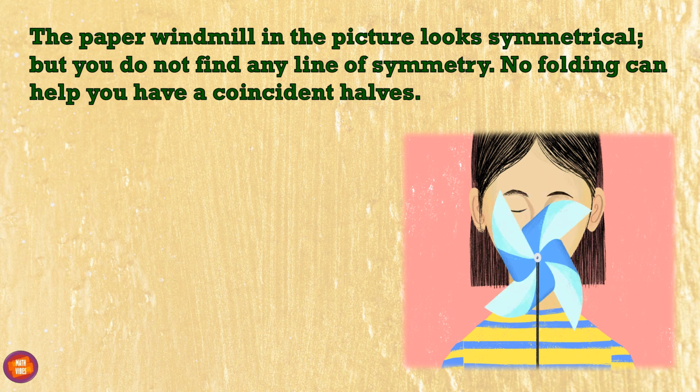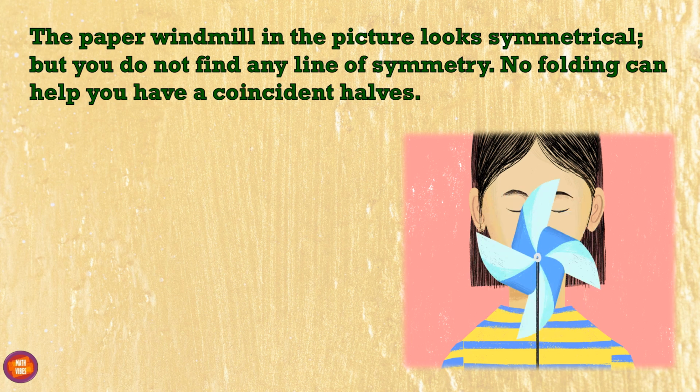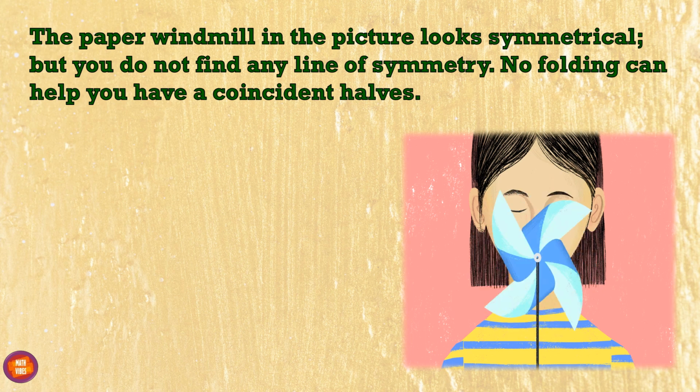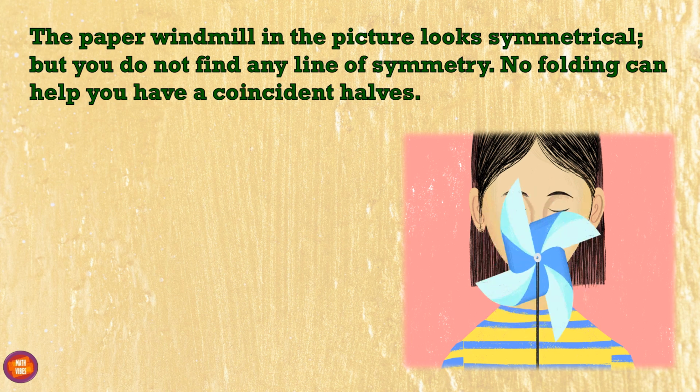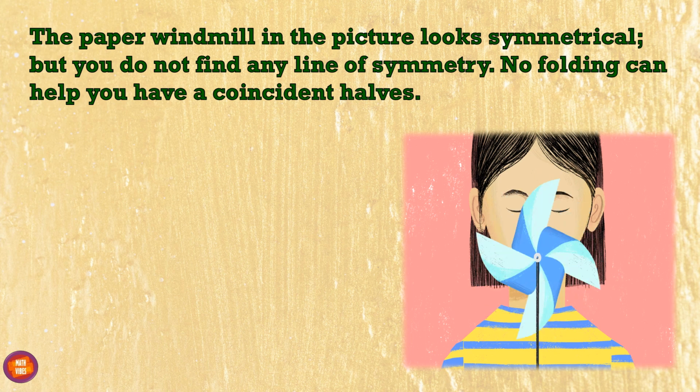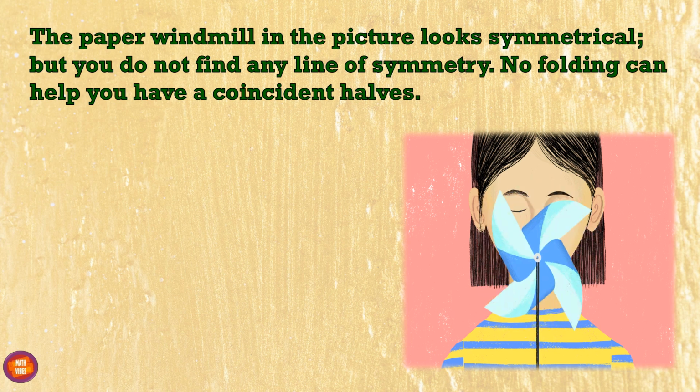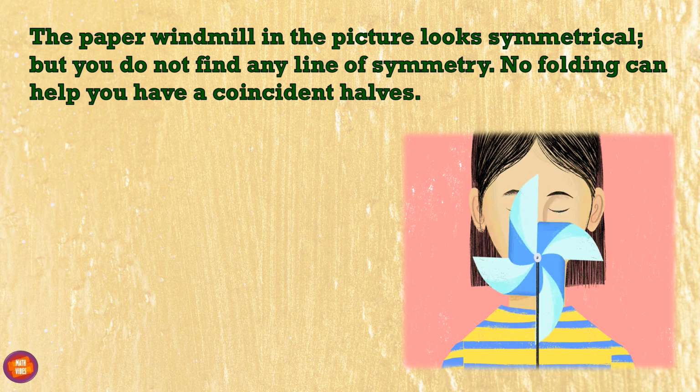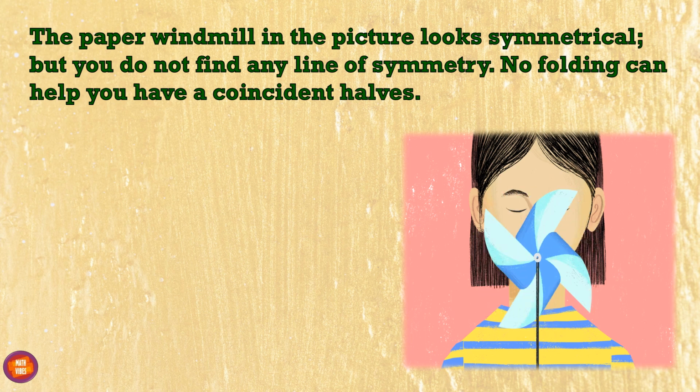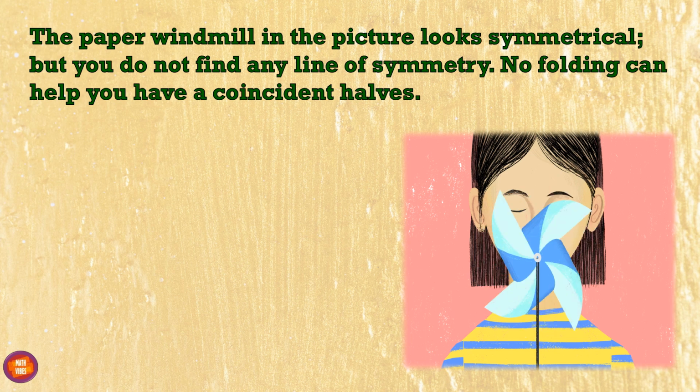Today we are doing rotational symmetry. In this picture, if you try to fold this windmill along a certain line, you will find out that it will not have coincident halves. Their halves will not match. But still we say that the paper windmill is an example of rotational symmetry.